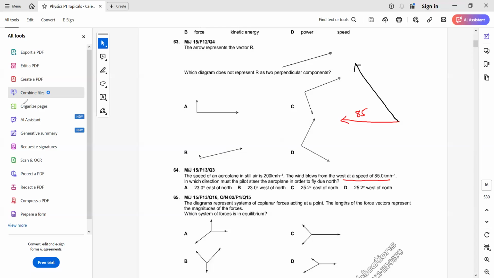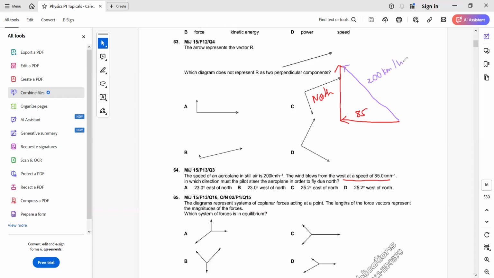So this becomes the resultant north. I don't know why this is happening. Just give me a minute. Okay, north. That's what the desired destination is. So he needs to go this way, right? Yes. And the speed here is 200 kilometers.